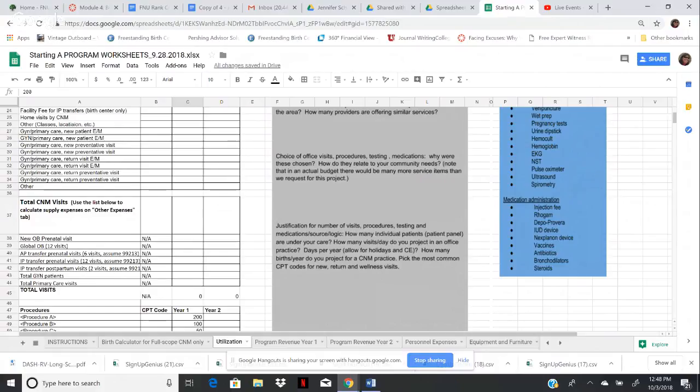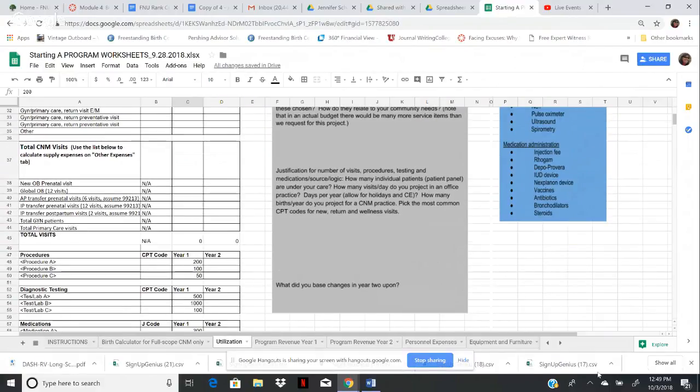Think about the number of days per year once you take into account continuing ed, vacation, and holiday and weekend time, and come up with that number of hours and number of days, and how many patients you'll be serving within that time frame to help you come up with your visit numbers and types. Okay, and then for year 2, why did you increase your numbers?